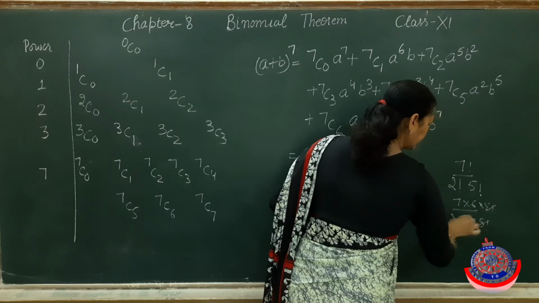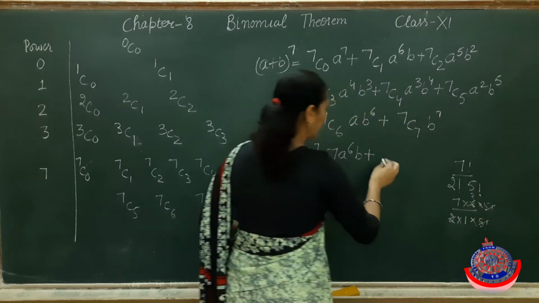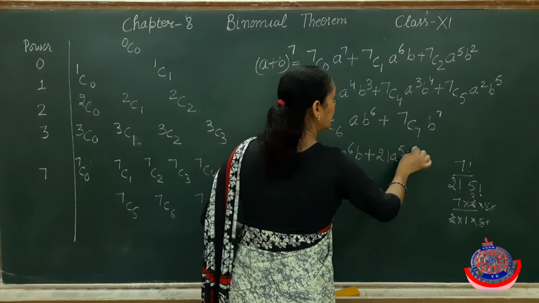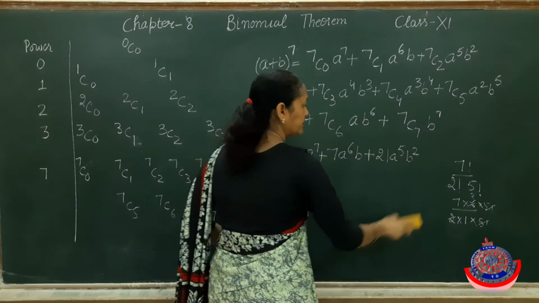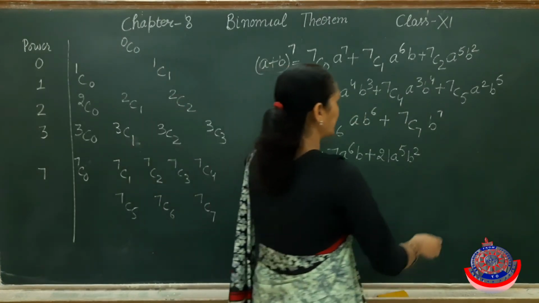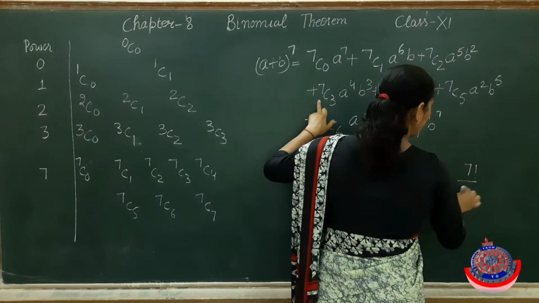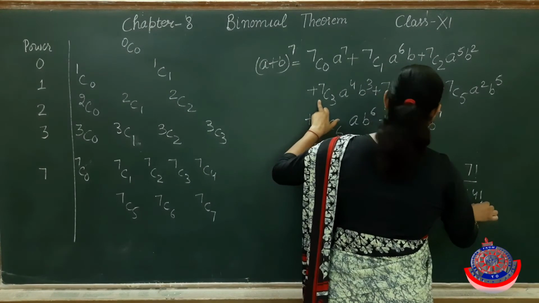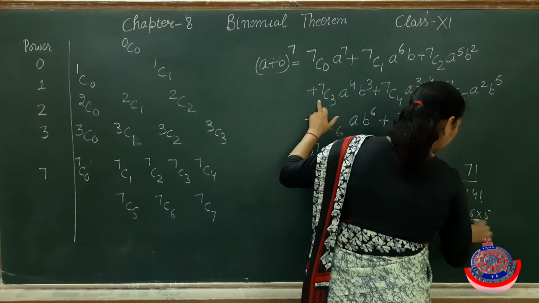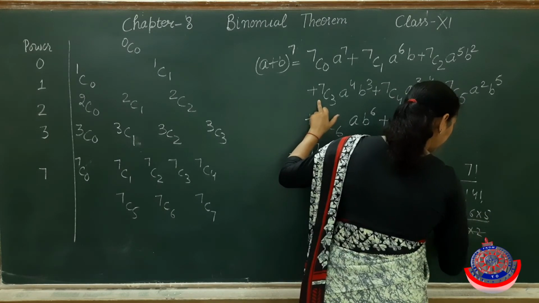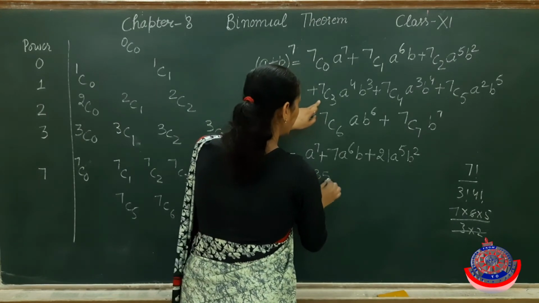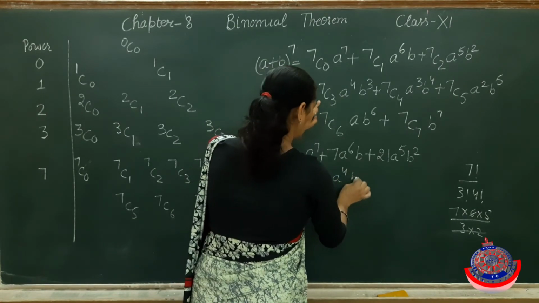We will be having 21 A5 B2. Same way if you open 7C3: 7 factorial upon 3 factorial 4 factorial, 7 into 6 into 5 upon 3 into 2, 35, A4, B3.